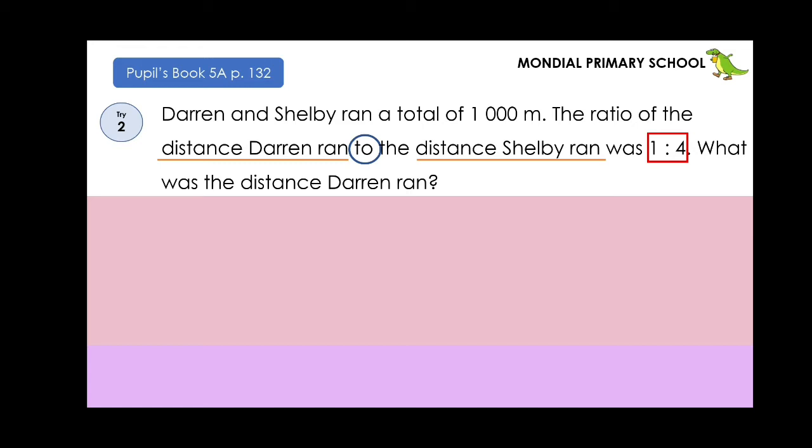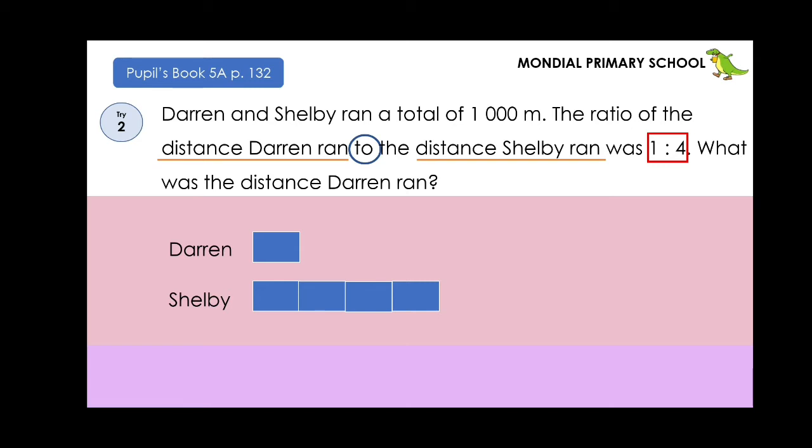Great job! After gathering the information, how can we solve the problem? Draw a model. But before we draw the model, what kind of model should we draw? It's a comparison model. How many units should we draw for Darren? 1 unit. How many units should we draw for Selby? 4 units.